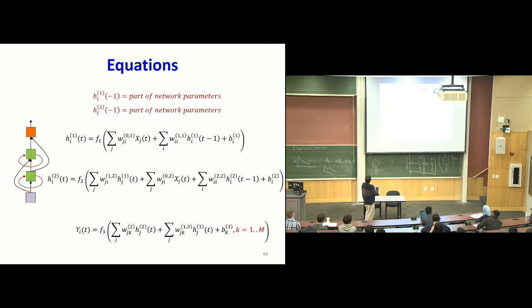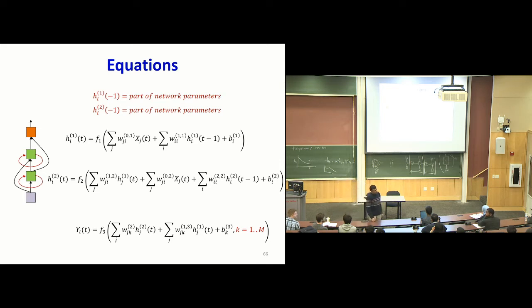This one is going to be obtained through some activation which works on a weighted combination of these guys and some other weighted combination of these guys and a recurrent weighted combination of itself at the previous time. And this output now depends on a weighted combination of these fellows and these fellows, right? So you can see how the computation is performed. Again, if you write it out in vector form, it's actually going to be very simple.